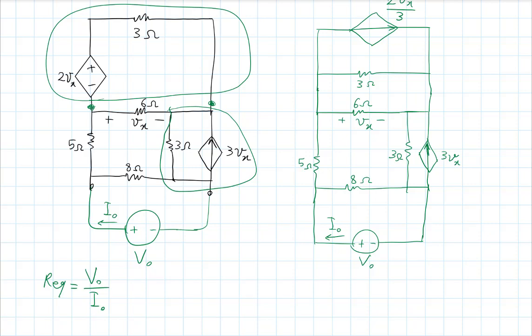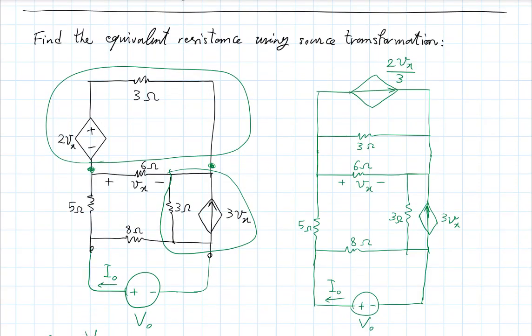Now, hopefully you see the merit of my having done that conversion from Thevenin to Norton at the top, because now I have the 3 ohm and 6 ohm resistors in parallel that I can just combine. The combination of those is just 2 ohms.